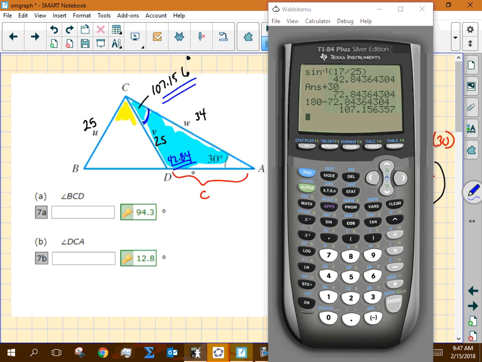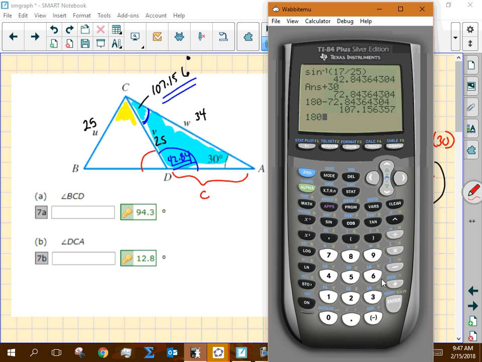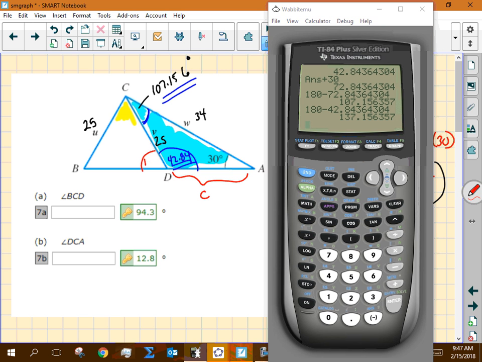That was 30. That's a triangle. That's fine. How is this angle here related to that angle there? Supplementary. So I should be able to take the 180 minus that angle there and get 137 right here, correct? 137.15.